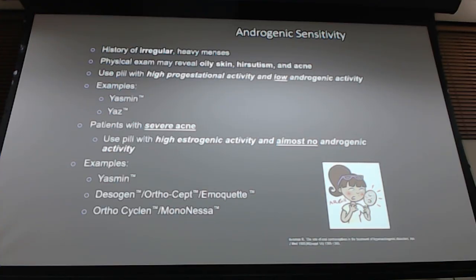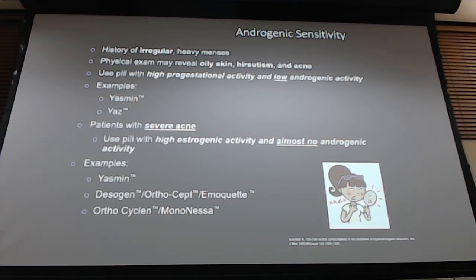So there's several different ways, but sometimes you will put someone on one of these and they will respond this way. They will start to have a cycle that's all over the place. They may start to have migraines, and that's how you're like, oh, they started having migraines, they're sensitive to this estrogen. I need to find something now with a low level of estrogen. Or now their face is breaking out after I put them on a contraceptive.